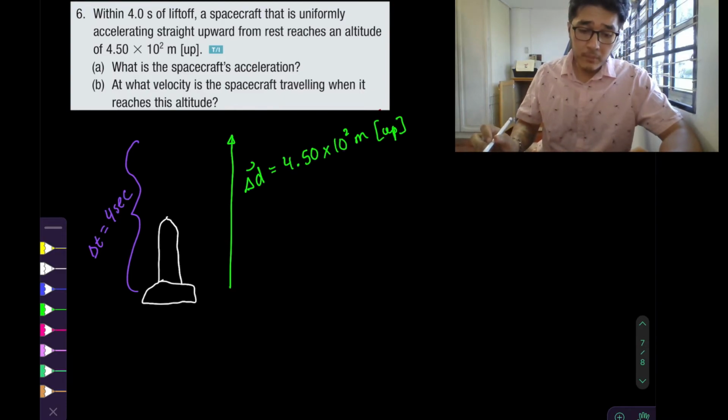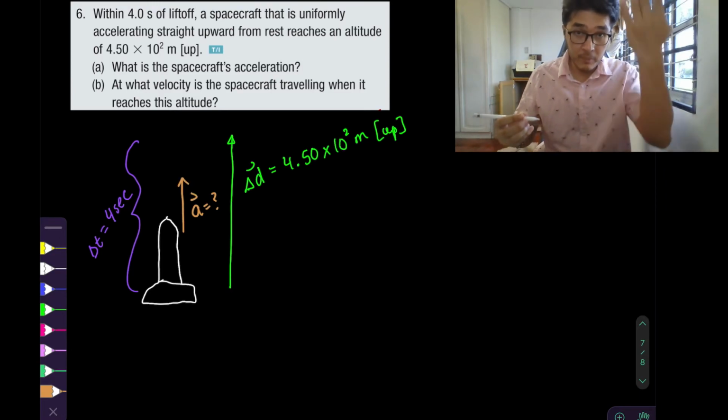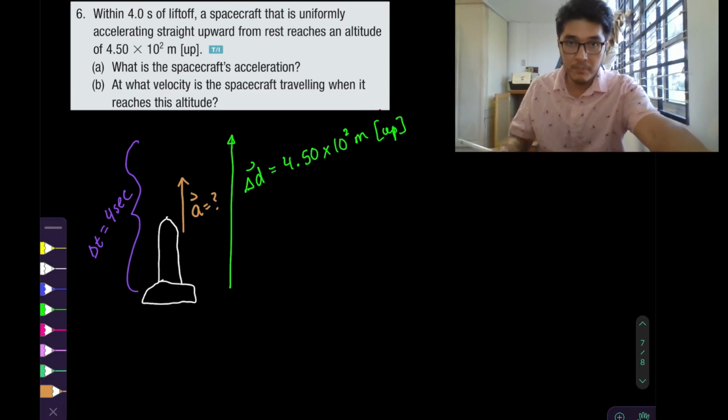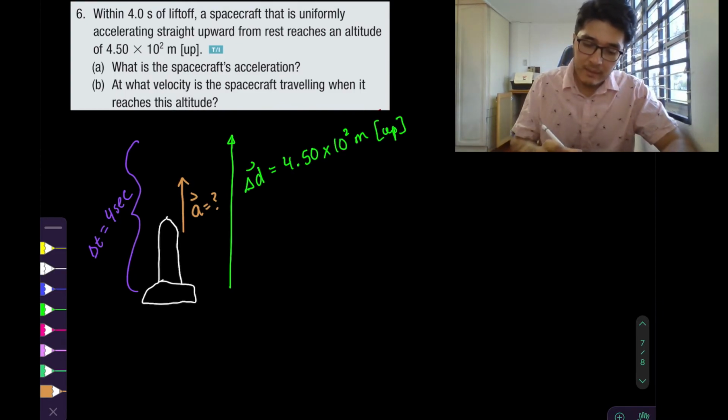Now, what is the initial velocity? Do they give it to us? Let's read one more time. Within 4 seconds of liftoff, so that's the time, a spacecraft that is uniformly accelerating, so the acceleration we don't know, but we suspect is up because it's moving upwards. The acceleration should be going up. So it's uniformly accelerating straight upward from rest.